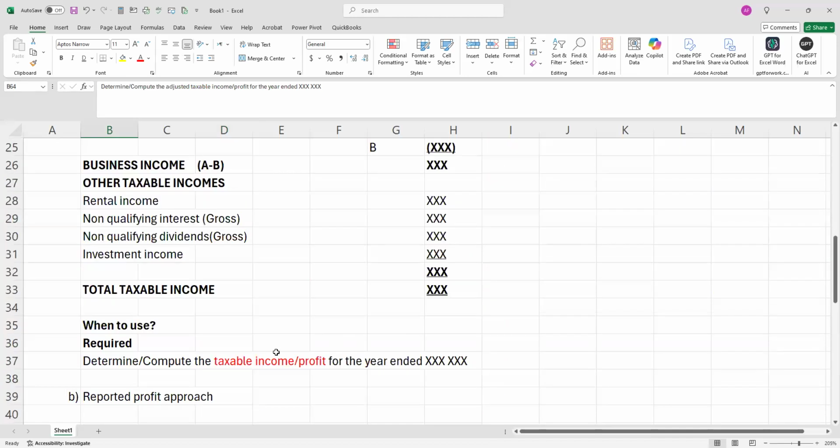When the examiner is asking you to compute the taxable income or profit and you're not given any further instruction, then the best approach would be the gross profit approach. Are we on the same page, Dennis? Yes, we are.